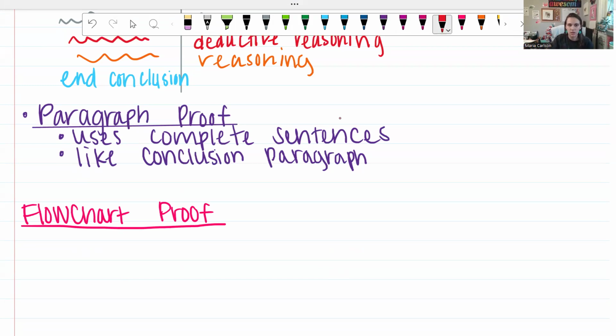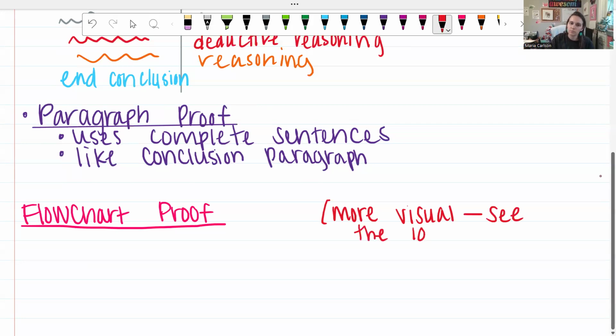So maybe make a note. More visual. And the reason it's more visual, you can see the structure. You can see the logical structure. How did we get from beginning to end? And how does it all fit together?